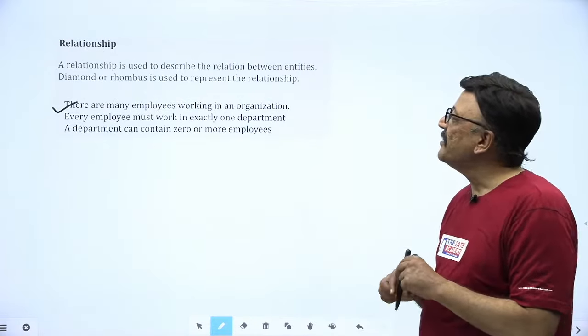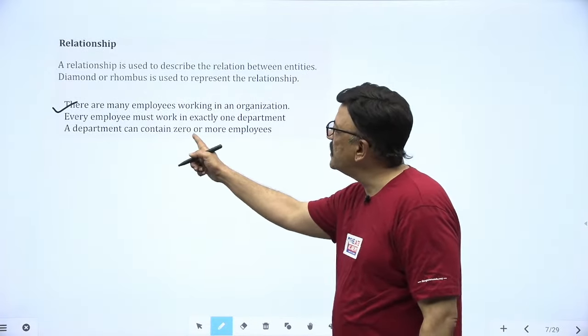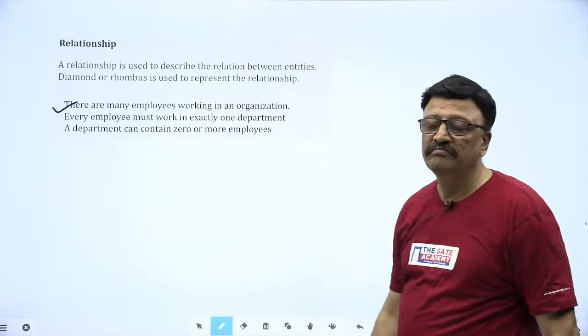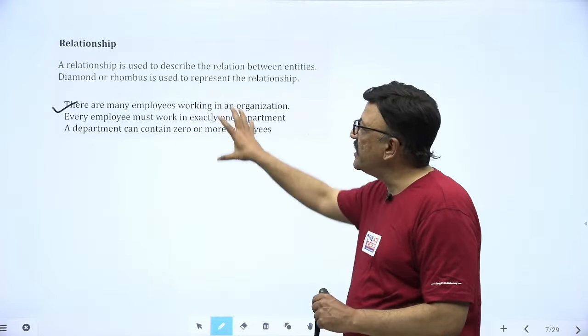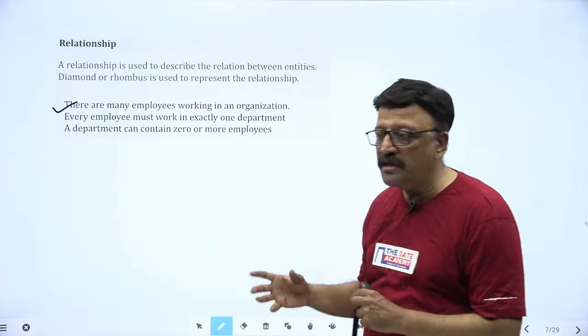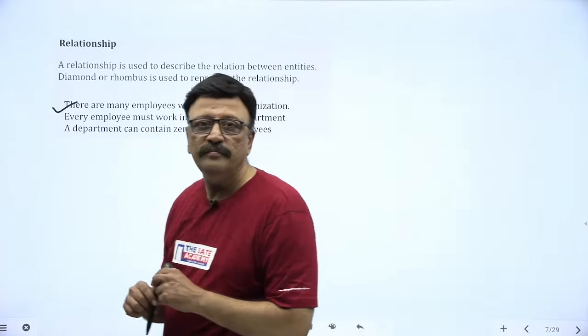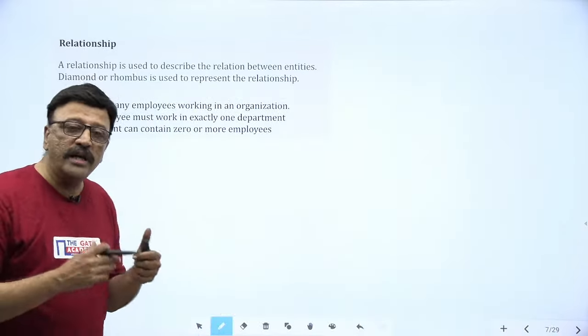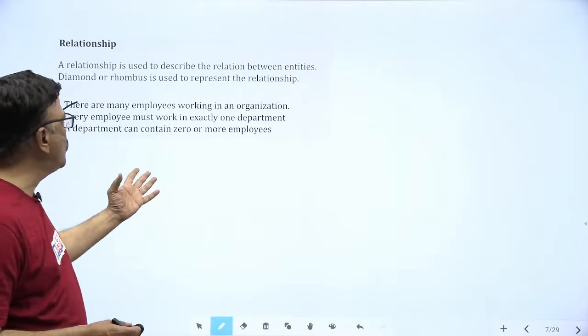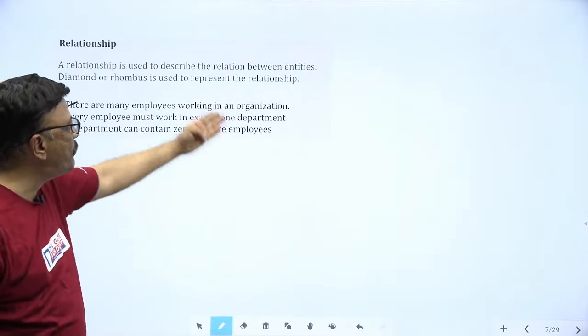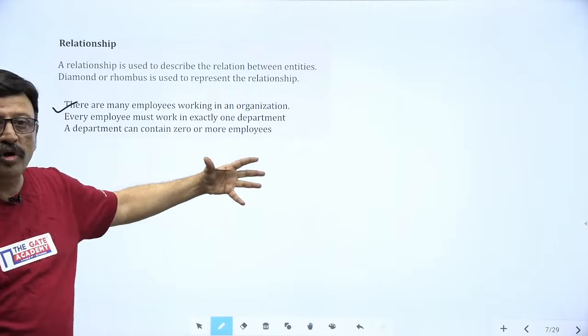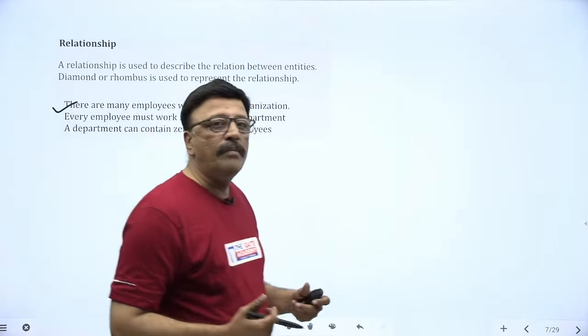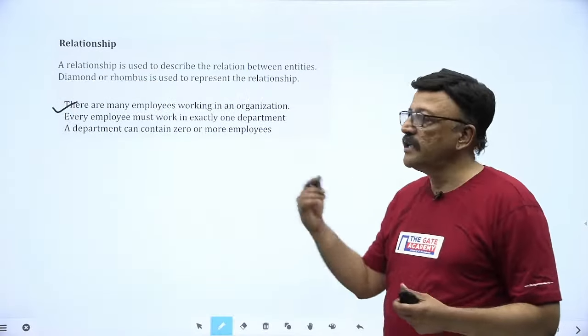And a department can contain 0 or more employees. From where did we get this English statement? We got this English statement from our customer, who is interested in actually storing data of employees and departments in a computerized way. So we come up with the ER model for this sentence.